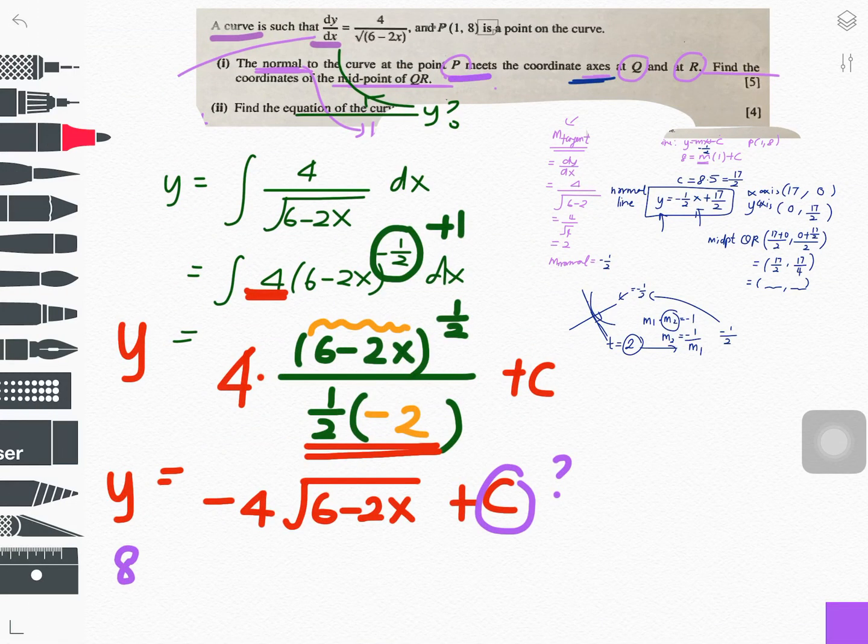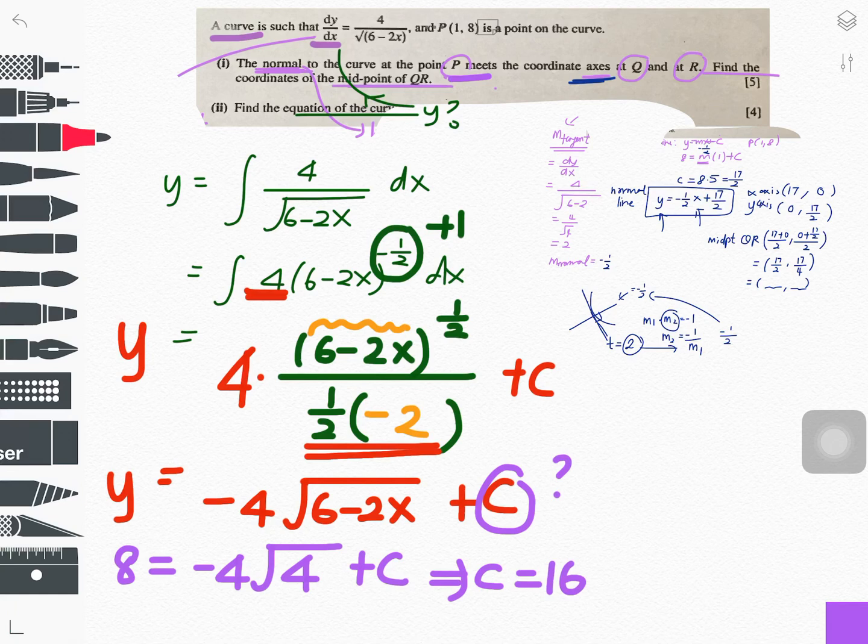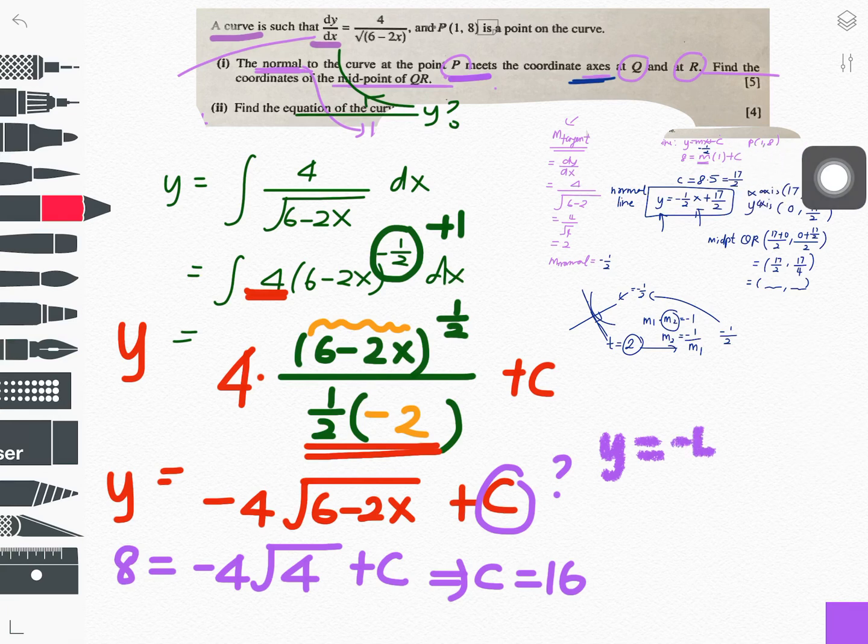Put back 8. c is 16. So your equation of curve is y equals negative 4 square root of 6 minus 2x plus 16.